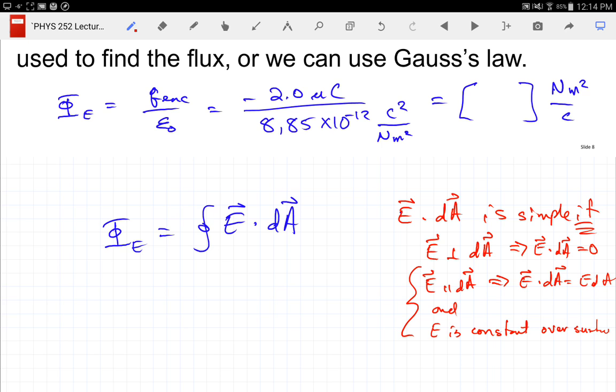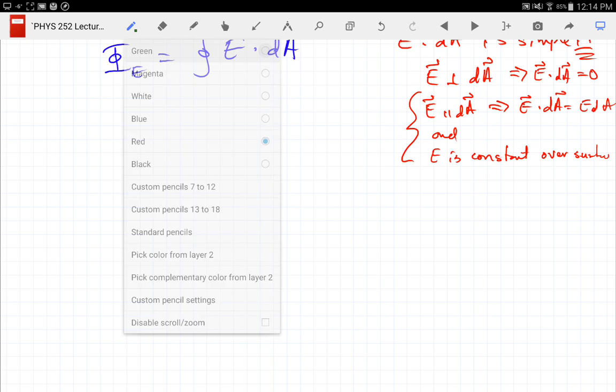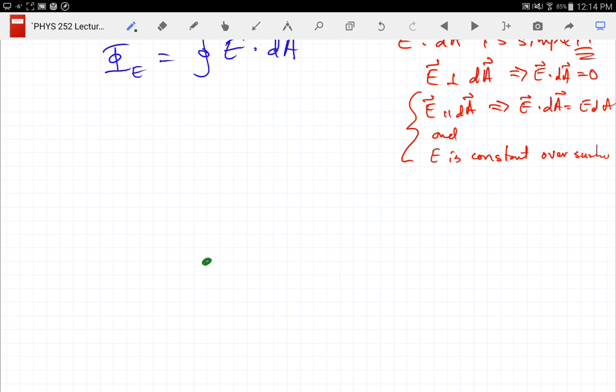Either the electric field is perpendicular to the area, in which case the flux on that surface is 0, or it's parallel and the electric field is constant on the surface. Now if I look at a point charge, what kind of surface can I make that encloses it that is either everywhere perpendicular or everywhere parallel to the electric field? A sphere.